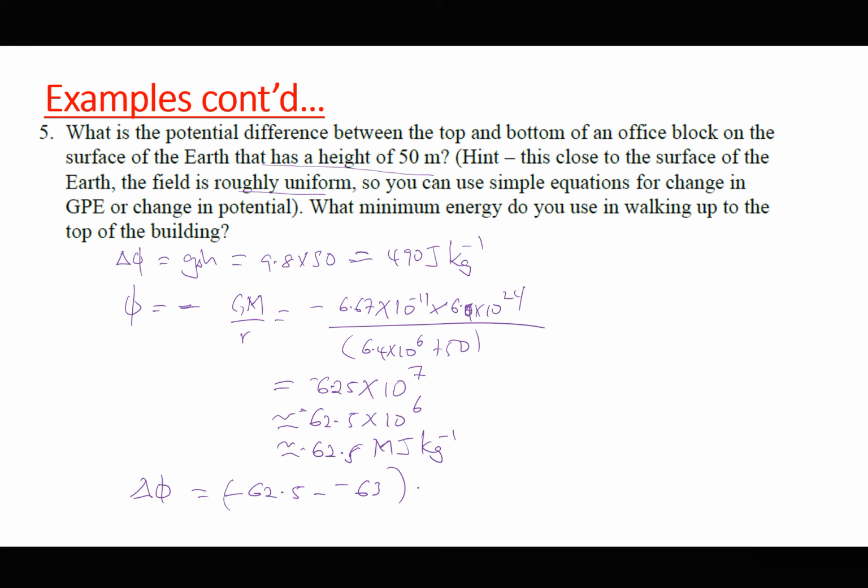Remember, this is in megajoules per kilogram. Let's find the difference: 62.5 plus 63 with the signs. So I am getting the change in potential here as being equal to 0.5 megajoules per kilogram.